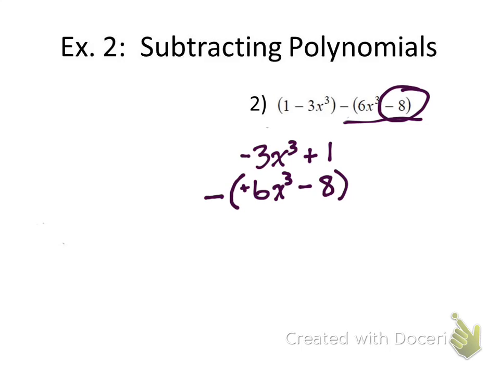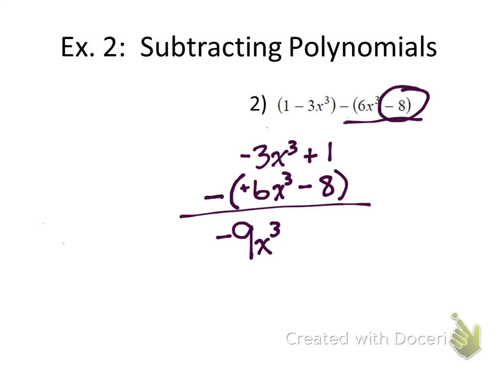Okay? This is where it gets a little bit tricky. So a good way to do this, you might distribute it across, or you might just, you're really good with your integers, but we have to think very carefully. So we have a negative 3x cubed minus a positive 6x cubed. When we put those together, negative 3x cubed minus a positive 6x cubed, we get a negative 9x cubed.